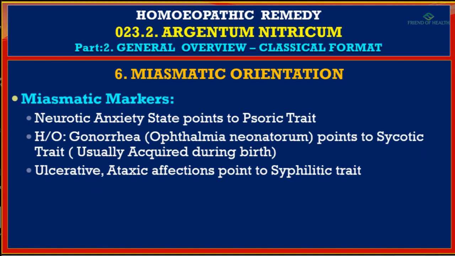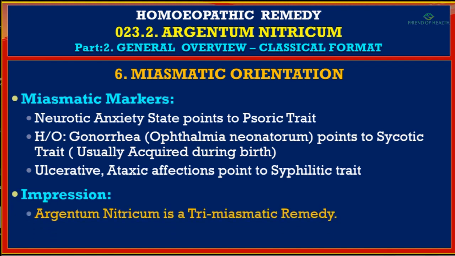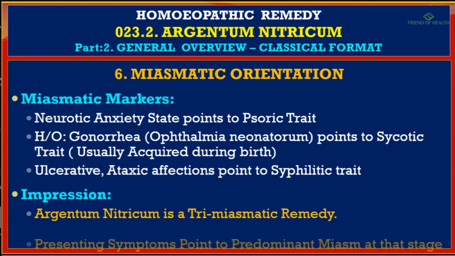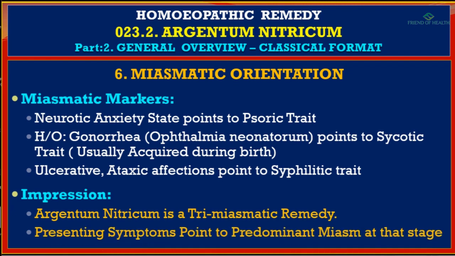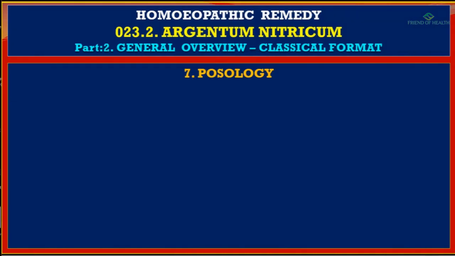And if you have symptoms where there are ulcerations, ataxic gait, where we find that the central nervous system, especially the spinal cord, is affected or degenerated, we are facing symptoms which are pointing to syphilitic trait. So our impression on the above basis is that Argentum nitricum is a trimiasmatic remedy, and presenting symptoms will decide or point to the predominant miasm at that particular point.